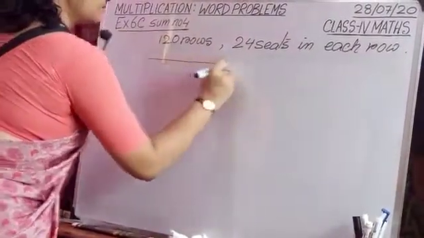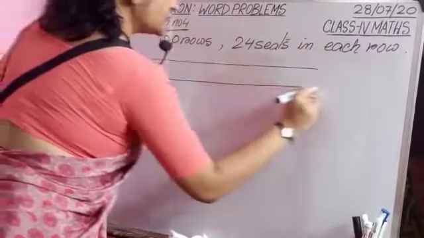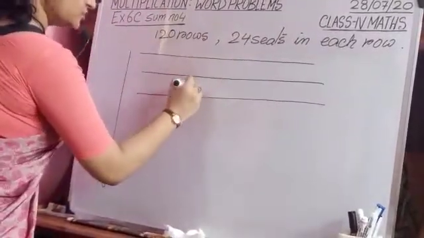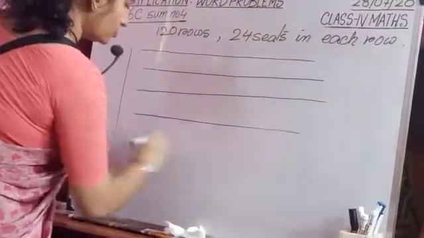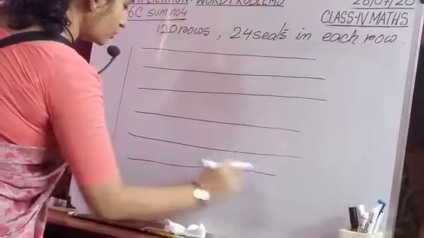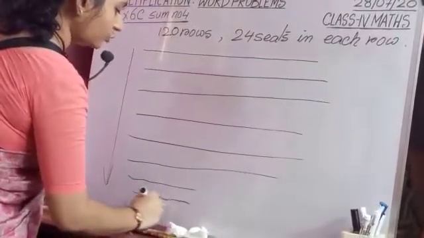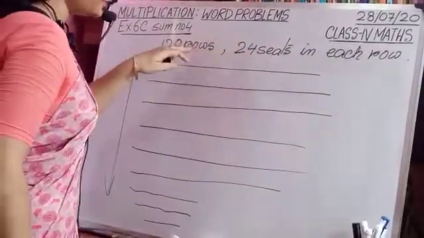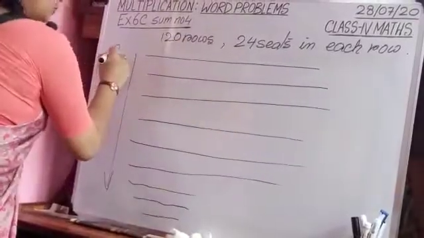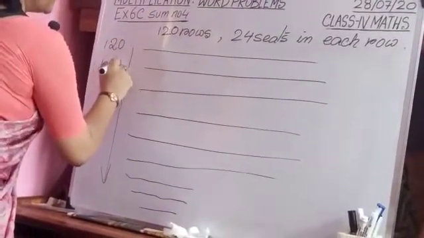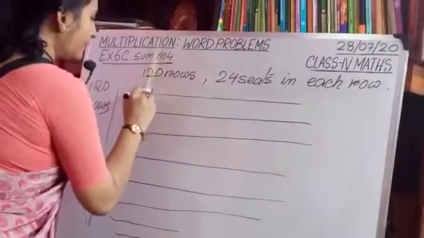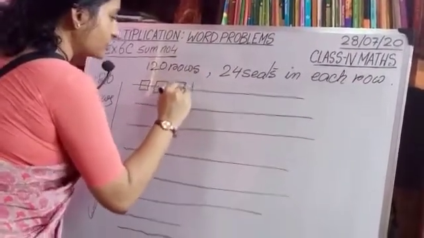Suppose these are the rows of seats in the theatre. First row, second row, third row, fourth row, fifth row, sixth row and so on up to 120, right? Because total number of rows is 120 rows, and in each row there are 24 seats.